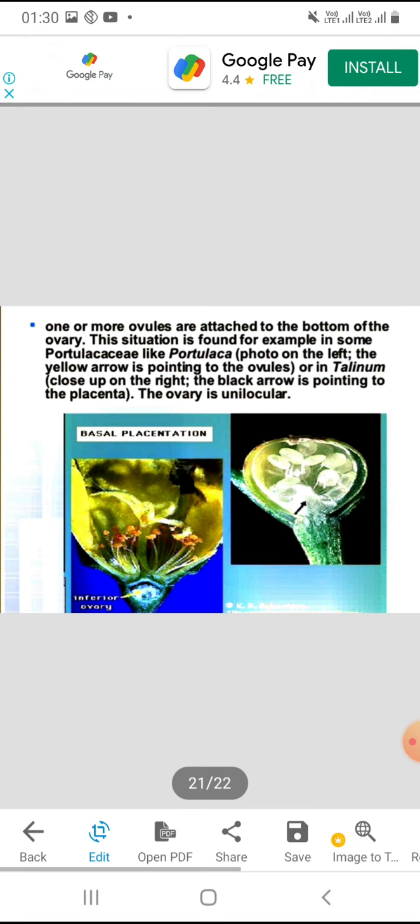This situation is found, for example, in some Portulacaceae like Portulaca. In the photo, the yellow arrow is pointing to the ovules, and in the close-up on the right, the black arrow is pointing to the placenta. The ovary is unilocular.